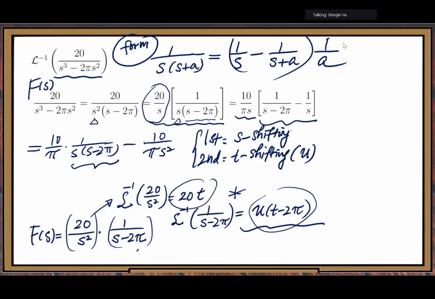So here, this is wrong. Because here, S shifting, we should use the first shifting theorem, S side shifting. So we should use the first shifting, e to the 2 pi t, opposite direction.